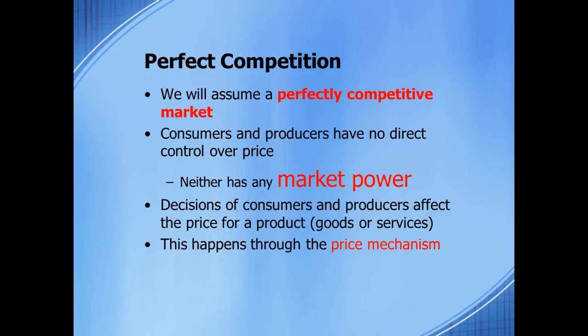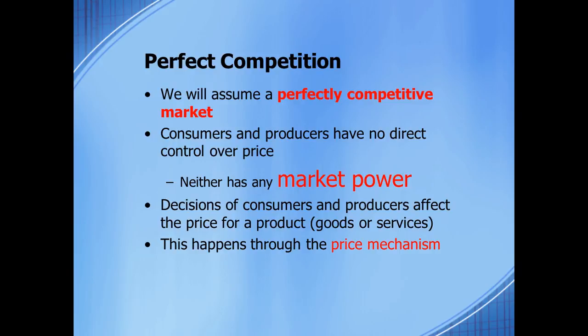If we were thinking of something like a fish market, for example, it's sold in boxes at an auction at the waterside. Now no one's got any control on a particular item on that day. It's all down to how much demand there is for it and how much supply there is. So if there are insufficient people who want the product and only a limited supply, then the price will be high.